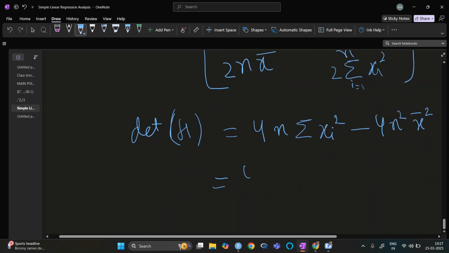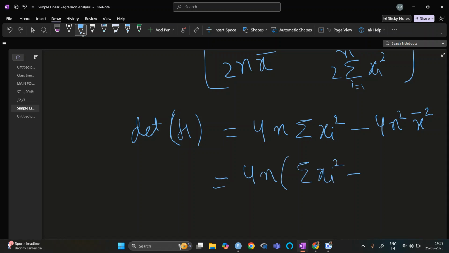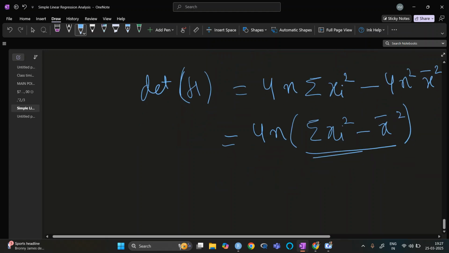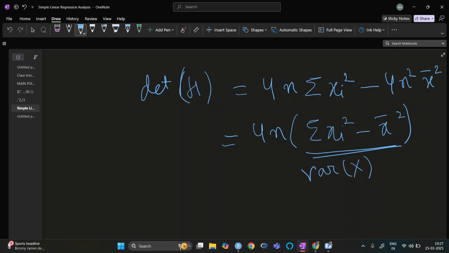Now we know 4n times summation of xi square minus x bar square is the variance of x. So variance is always greater than 0, so 4n variance of x will always be greater than 0.